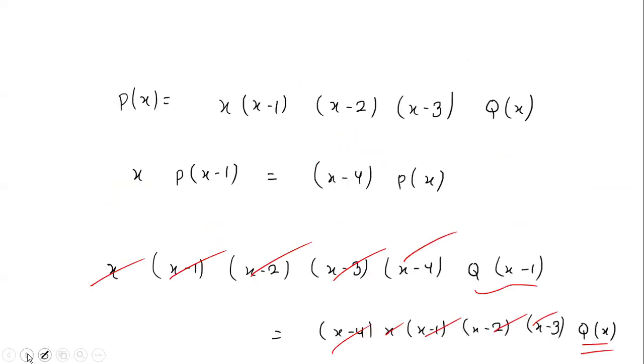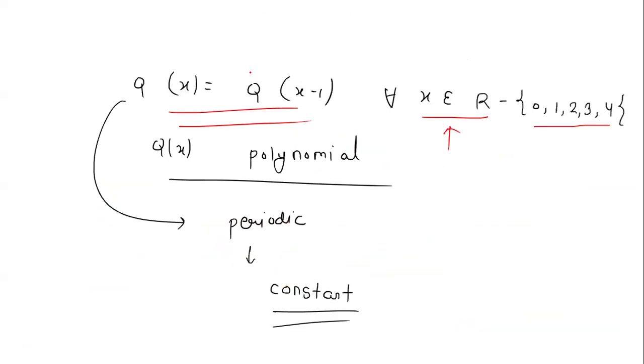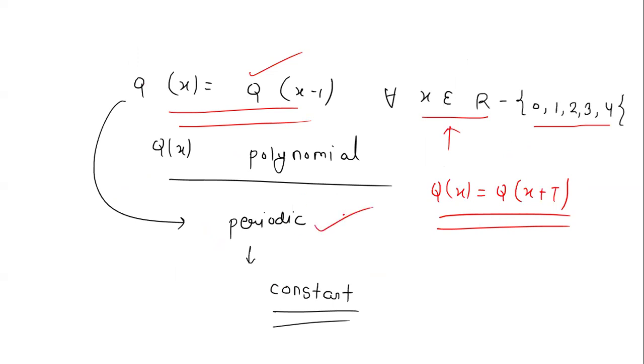So for this to be satisfied for all x belonging to real numbers, this condition must be satisfied, and from here we can see that q of x is something like q of x plus t. So it is a periodic function, and q of x is also a polynomial because p of x is a polynomial.